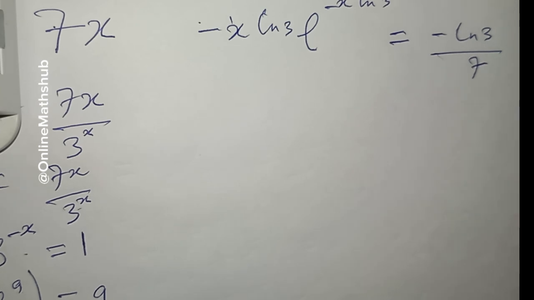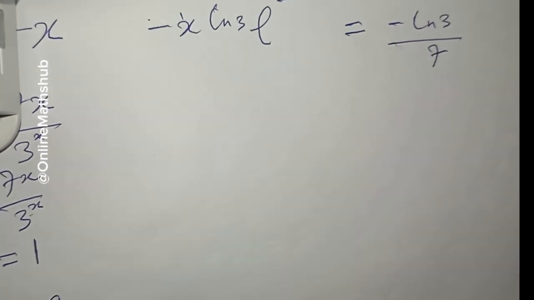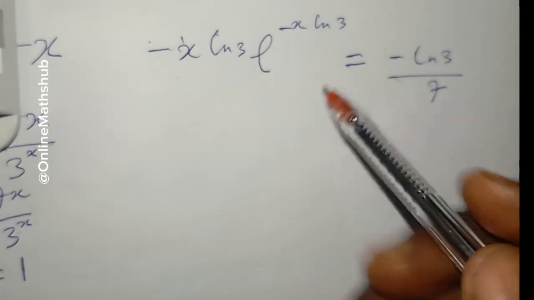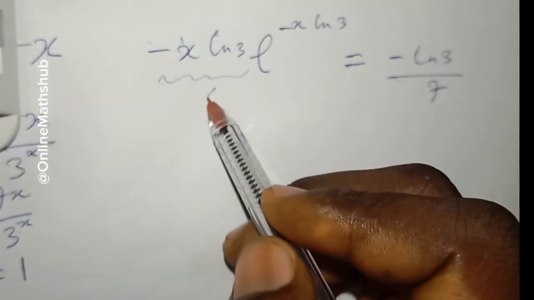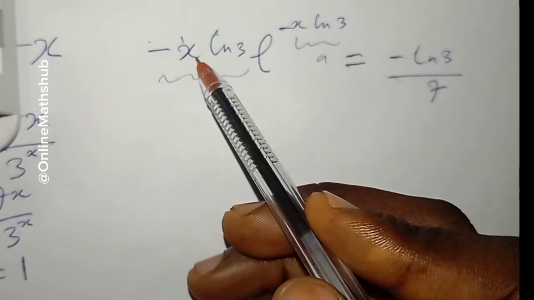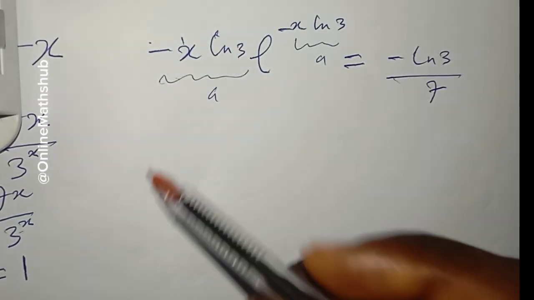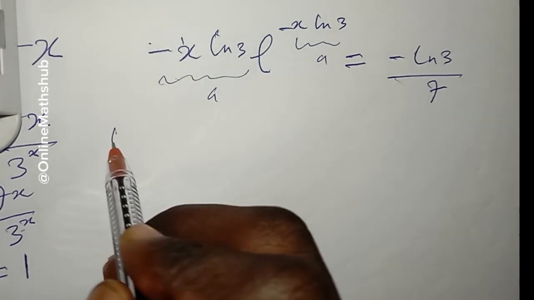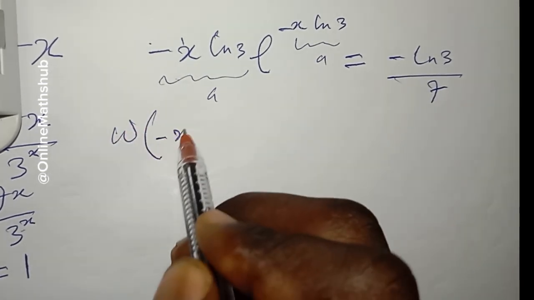Okay, so this is what I have right there, and then of course you can see that we've got this left hand side to be in the form of a exponential a, where our a in this case is negative x multiplied by natural log of 3. So what I'm going to do now is go ahead and pass the Lambda W function.